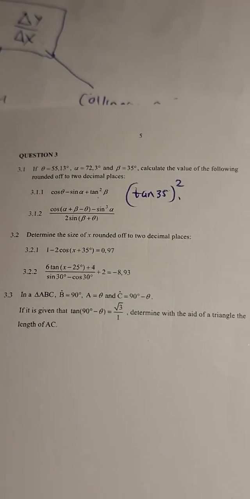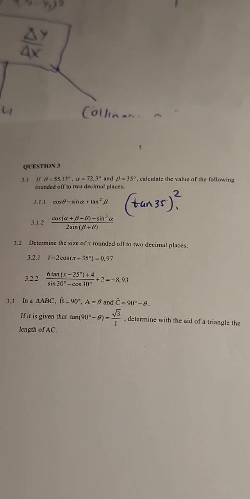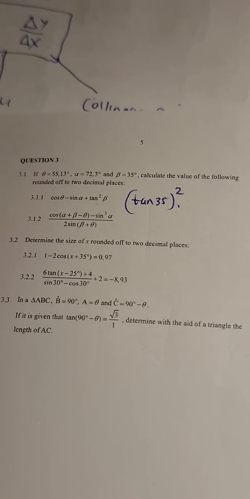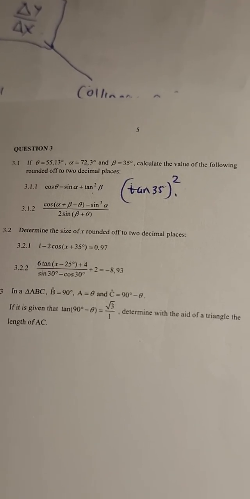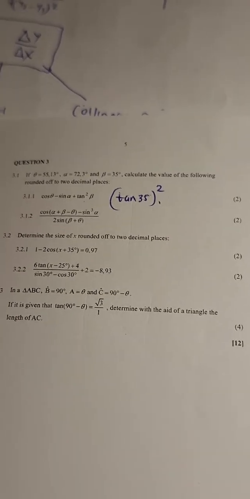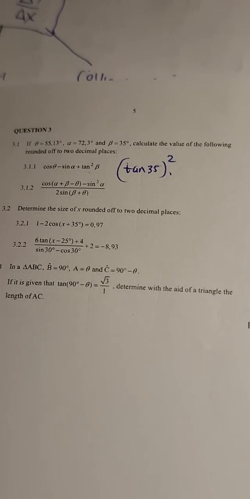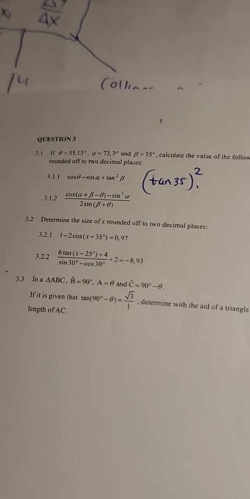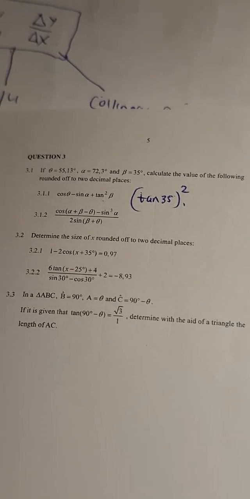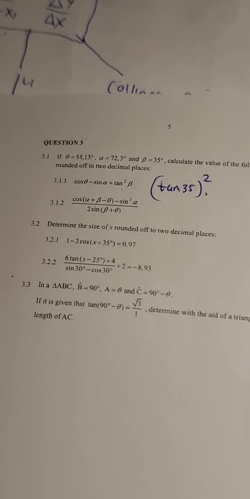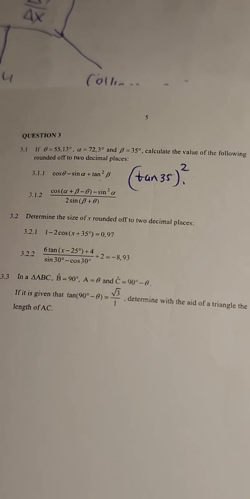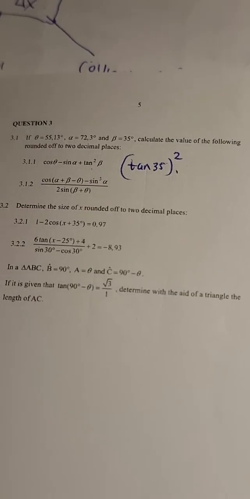So let's write this down. 3.1.2: cos of the alpha 72.3 degrees plus the beta 35 degrees minus the theta 55.13 degrees, minus the sine of cubed alpha, which is 72.3 degrees, over 2 sine the beta plus theta. Beta is 35 degrees, theta is 55.13 degrees.